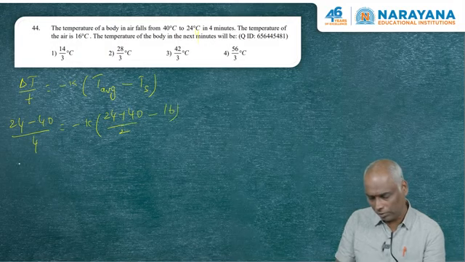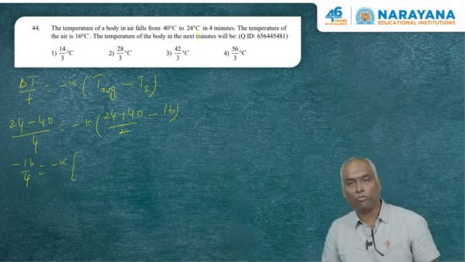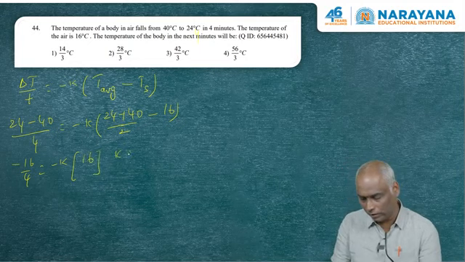So we get minus 16 divided by 4 equal to minus K into 64 divided by 2 is 32, 32 minus 16 is 16. So K is equal to 1 divided by 4.